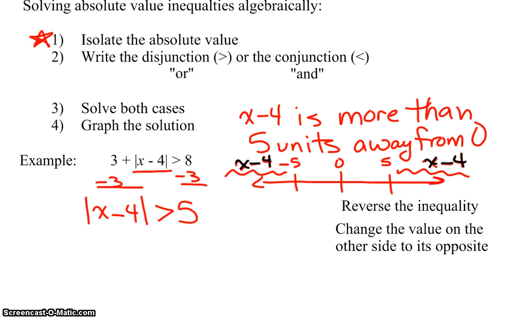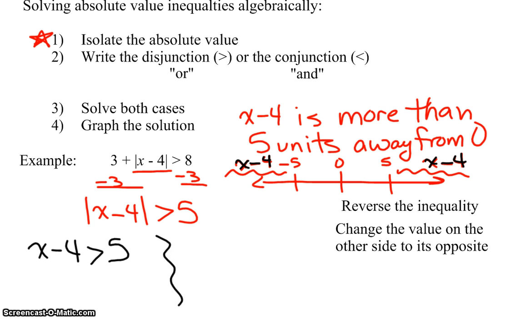If I know this, it can actually help me write my disjunction. In this case, I'm going to solve first the right side, which is x minus 4 is greater than 5. You can see that because my x minus 4s are to the right of the 5 on the number line.